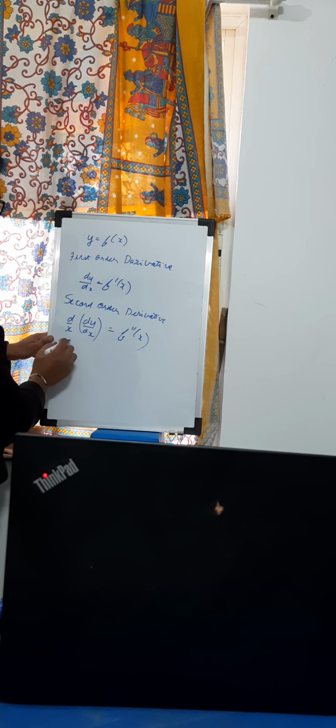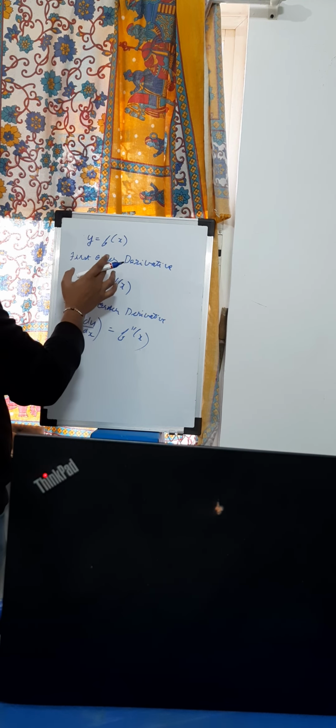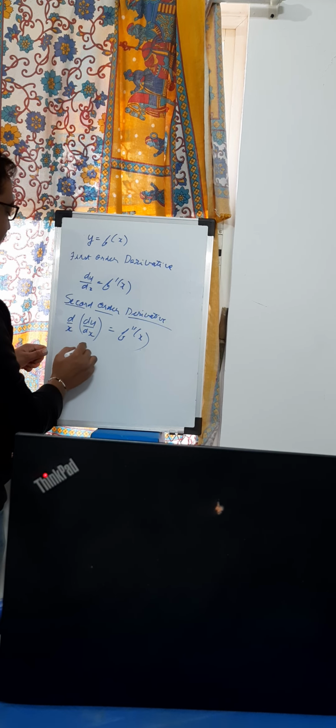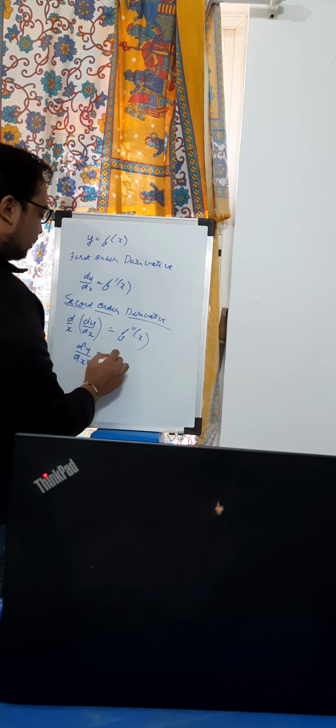We are differentiating f of x first by x, then again by x. This is the second order derivative, which we usually write as d square y by dx square.